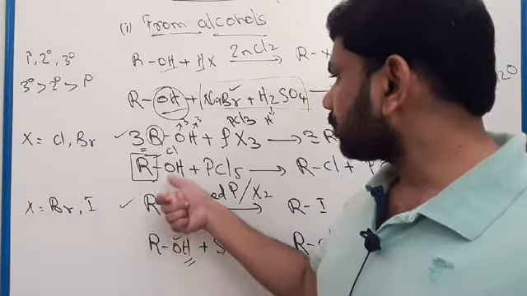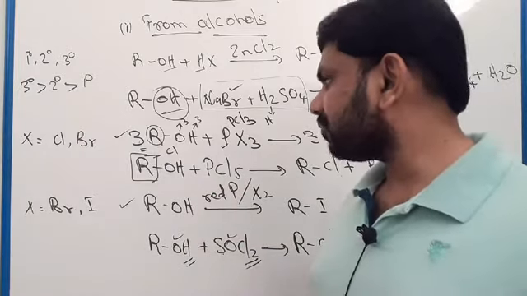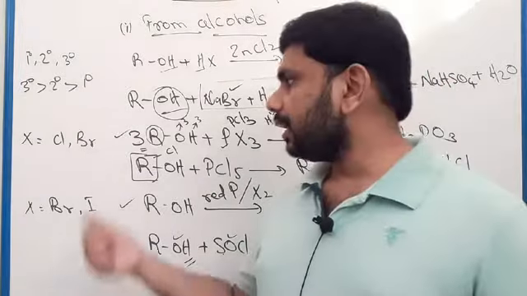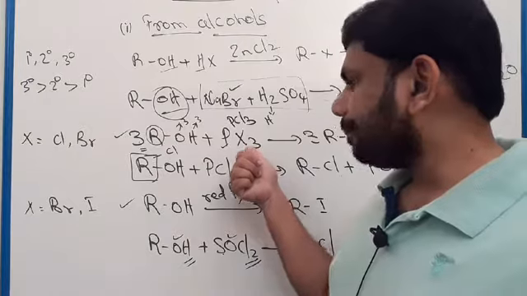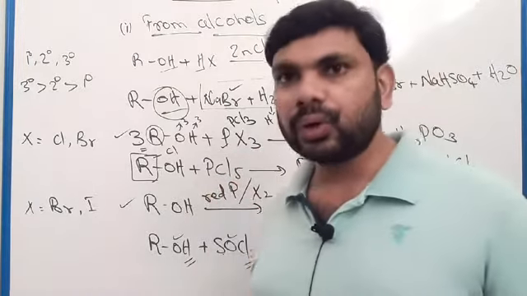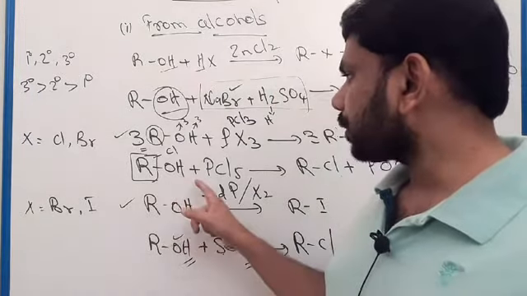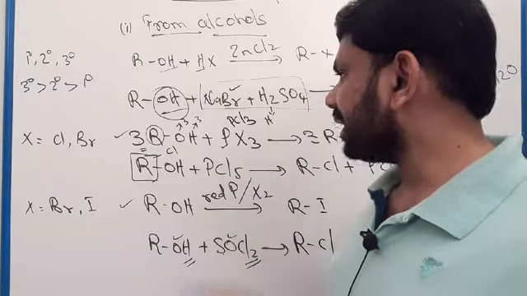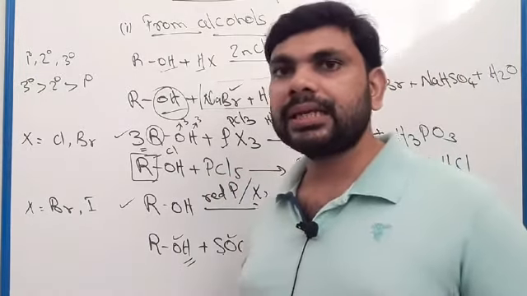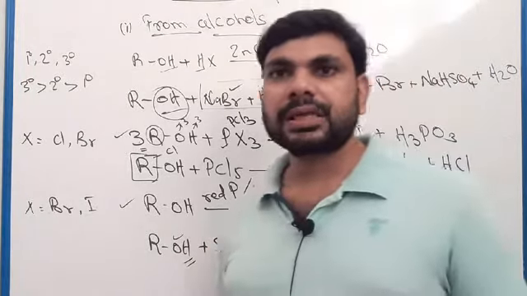Clear? Alcohol reacted with PCl5 gives alkyl chloride. There is only chlorine in PCl5, no bromine. POCl3 and HCl are the side products. Alcohol reacted with red phosphorus.